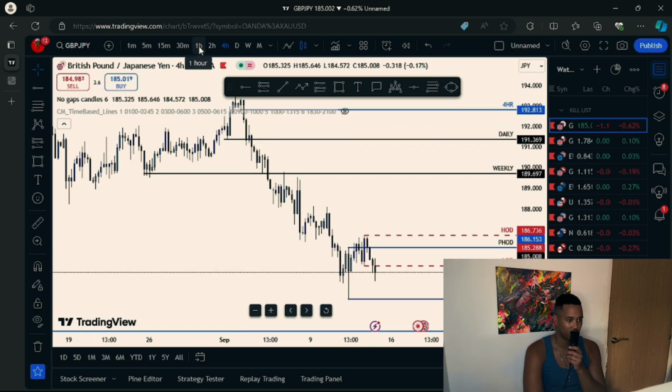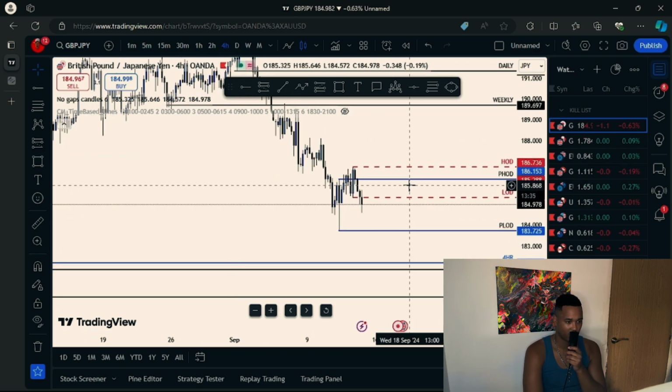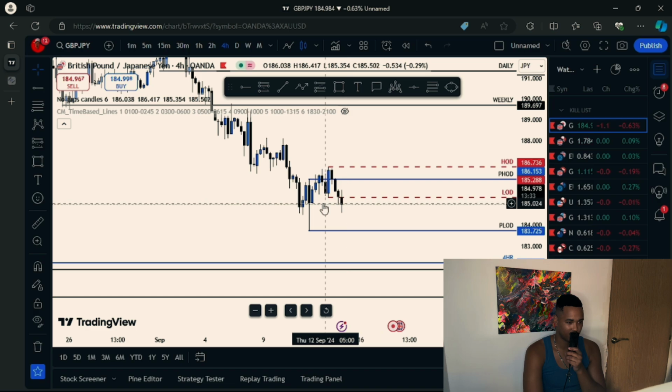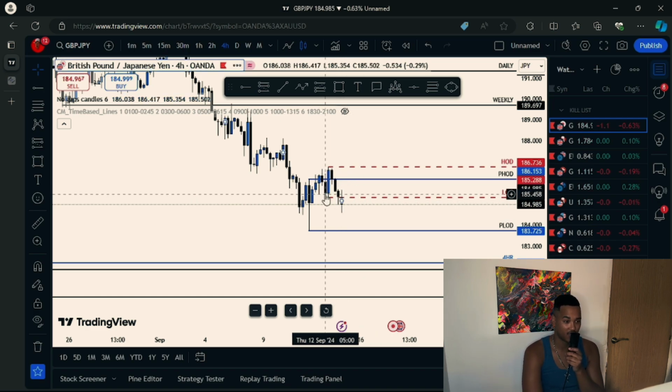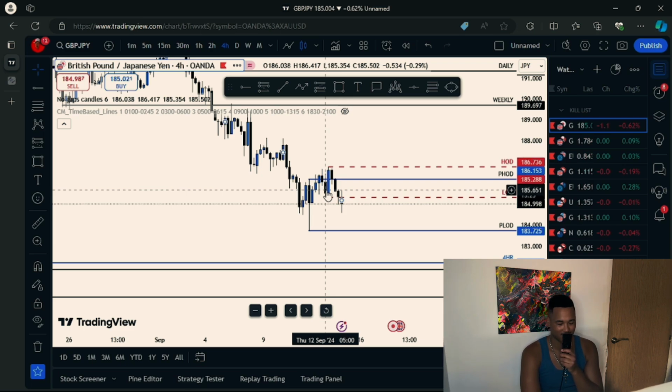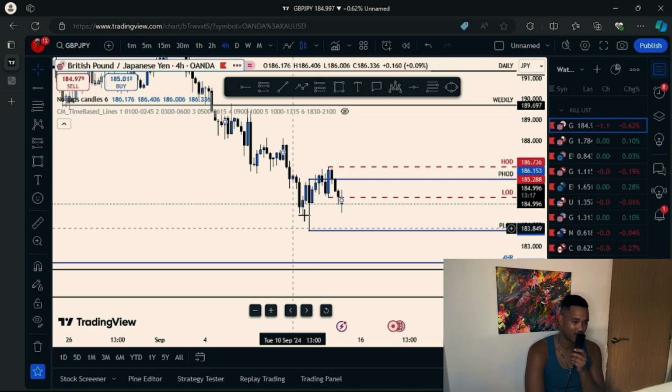So now that we know what market is doing, market is actually selling all the way off right now. We literally broke through this higher low, right?